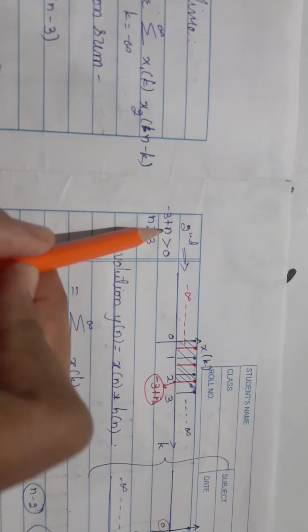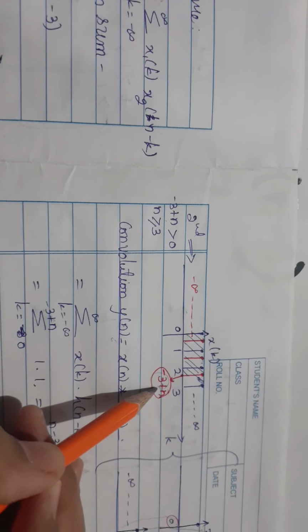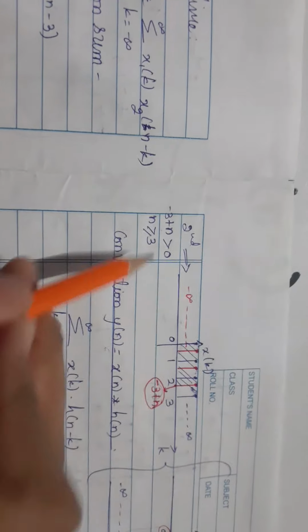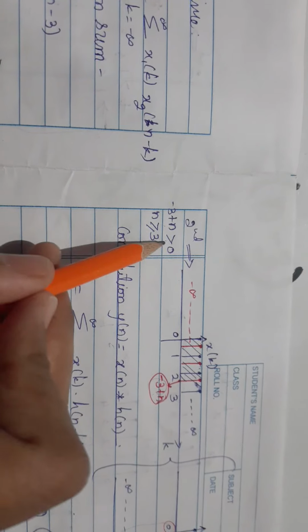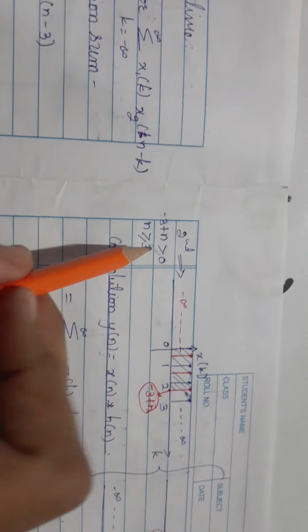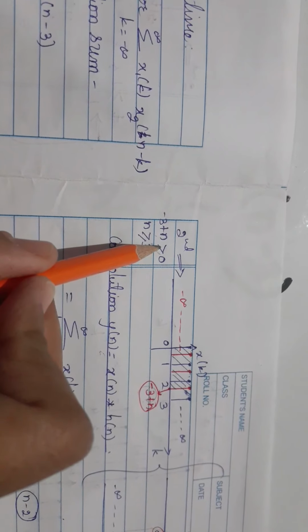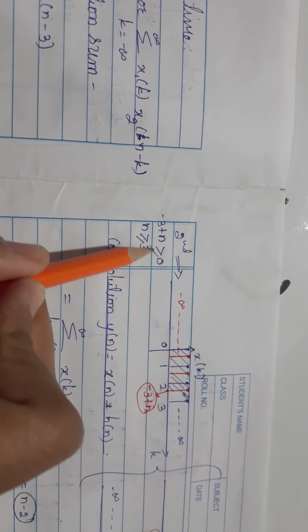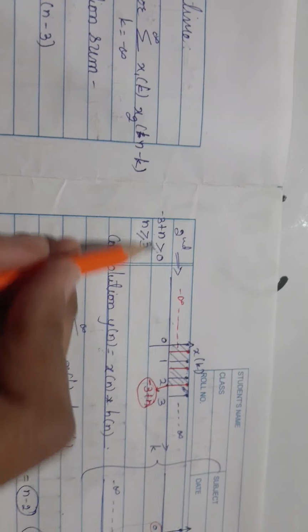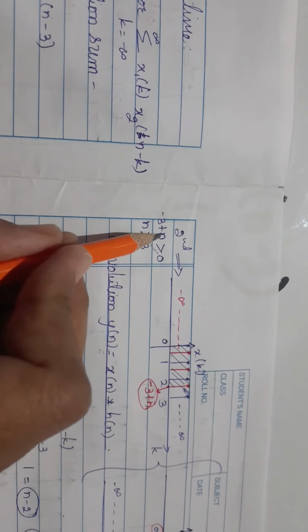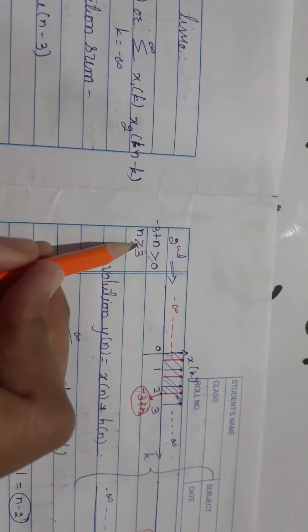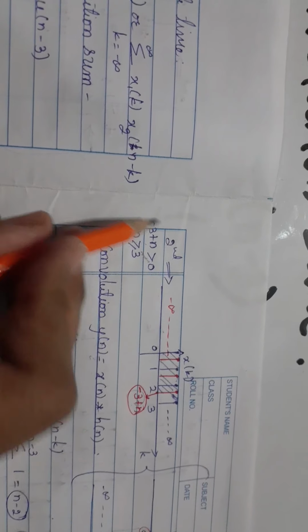So the second possibility is when we keep minus 3 plus n greater than 0, that is greater than or equal to 0. Whenever the greater term comes, we go for equal to. For less, we don't take generally. Now n greater than or equal to, take minus 3 to this side, it will become plus 3. So let us calculate the convolution.